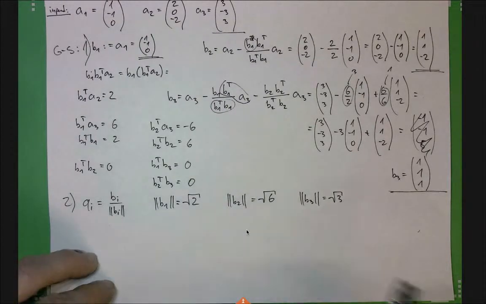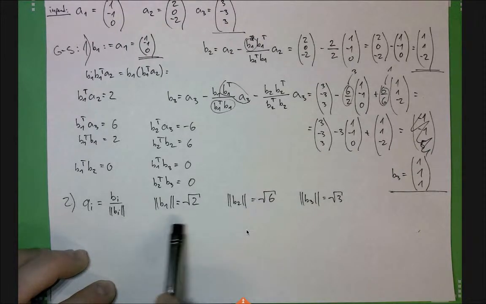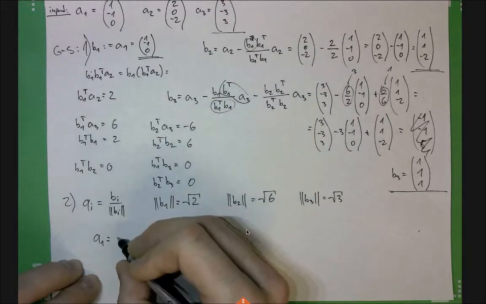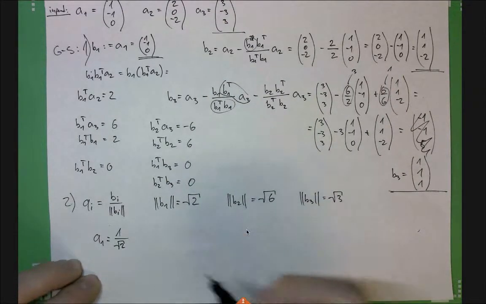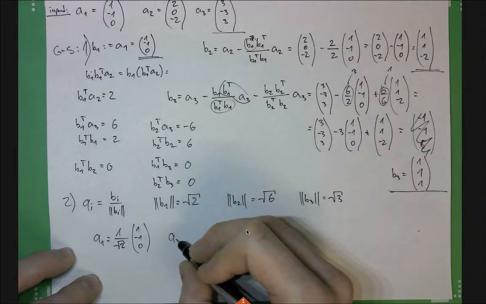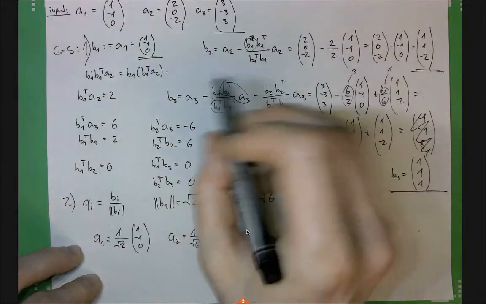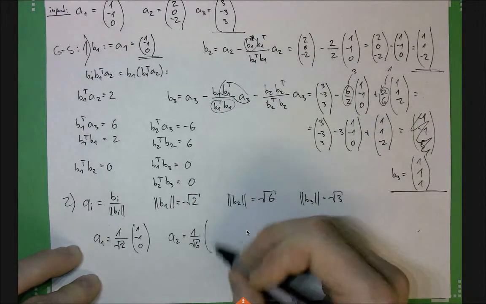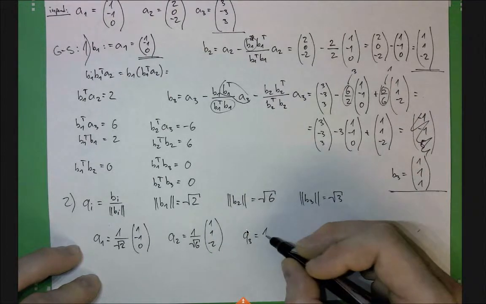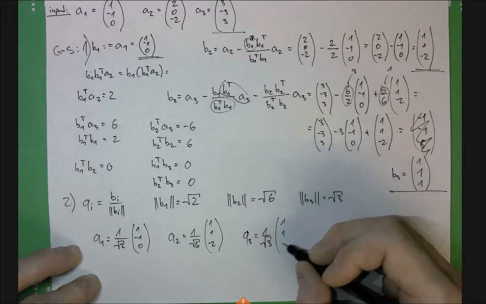So if you want, I can write it. Well, let me do it. So Q1 is 1 over the square root of 2 times B1, 1, minus 1, 0. Q2 is 1 over square root of 6 times B2, that's this guy, 1, 1, minus 2. And Q3 is 1 over square root of 3 times 1, 1, 1.